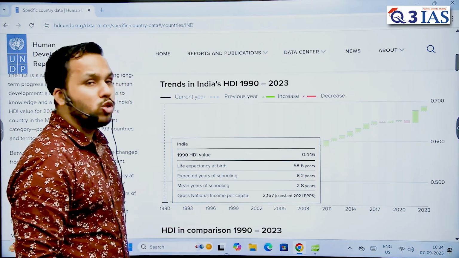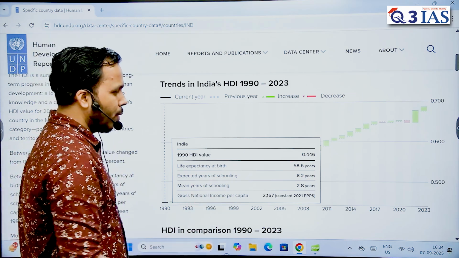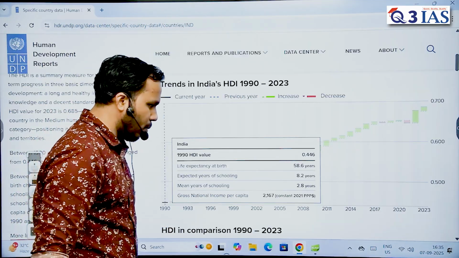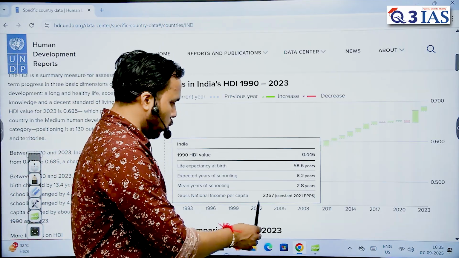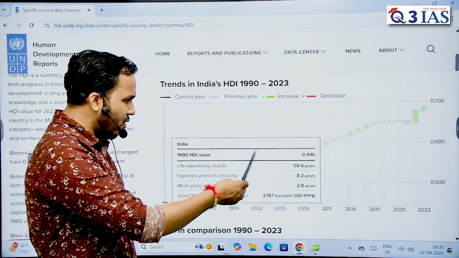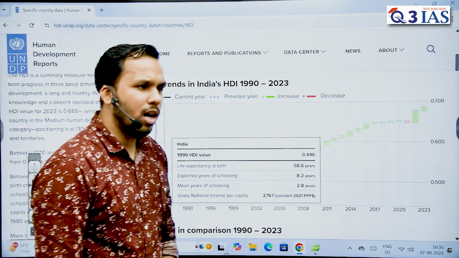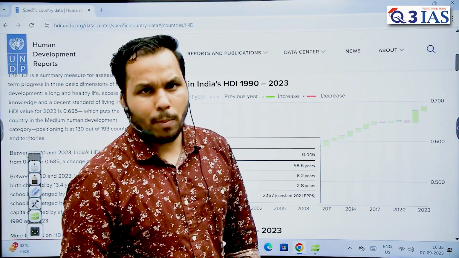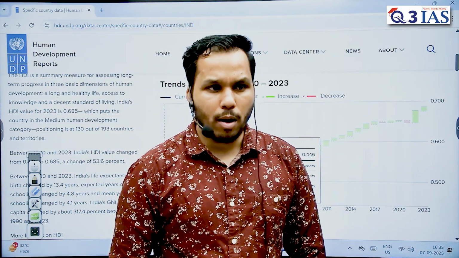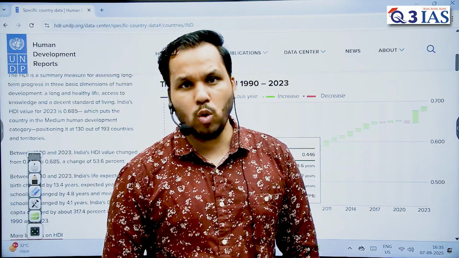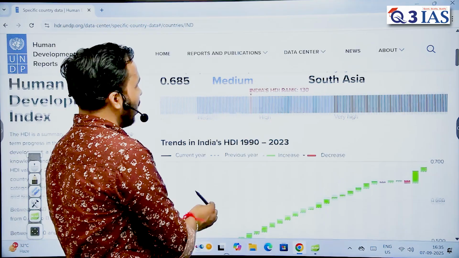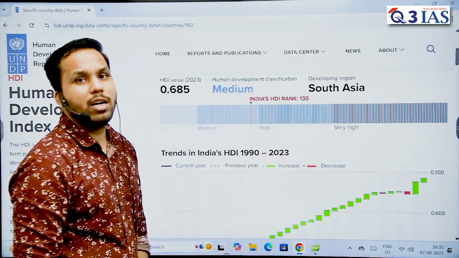Mean years of schooling was 2.8 years, which is currently approximately 6.9 years, near 7 years. And the gross national income also increased. This was 2,167 per capita income. Currently we can say India is gradually improving, but whatever we have achieved till now, we had more potential to achieve, and we need to be placed at least under the high development countries.